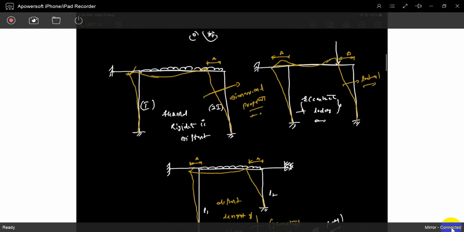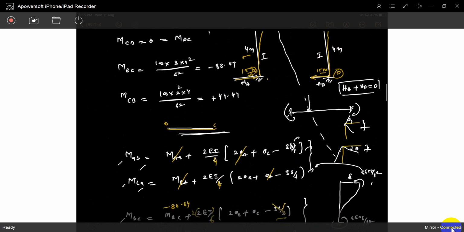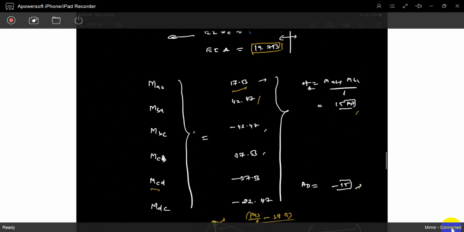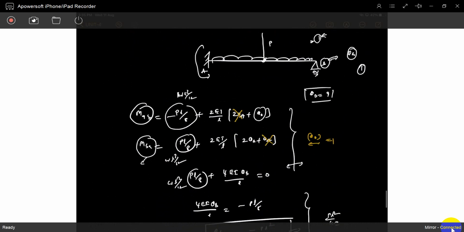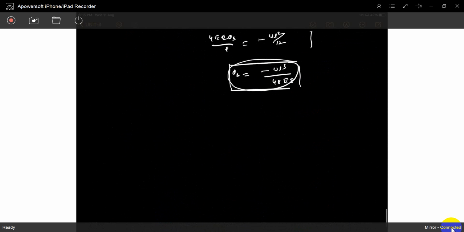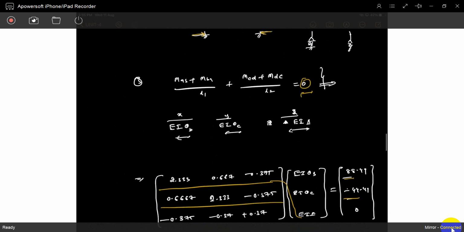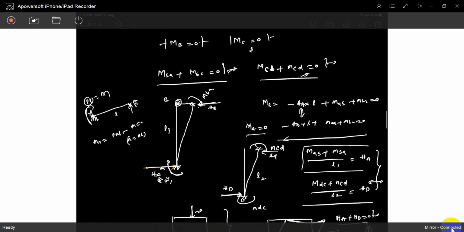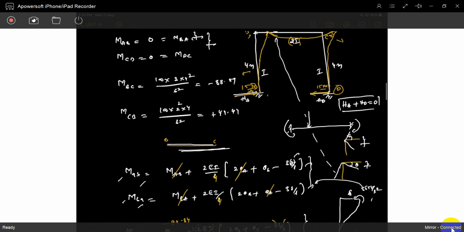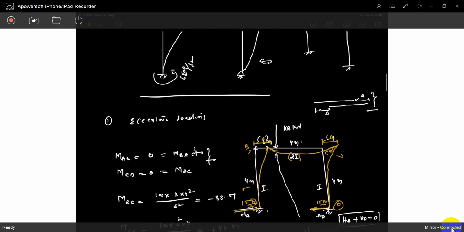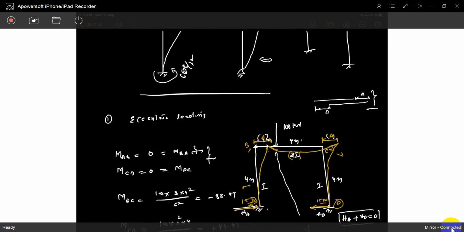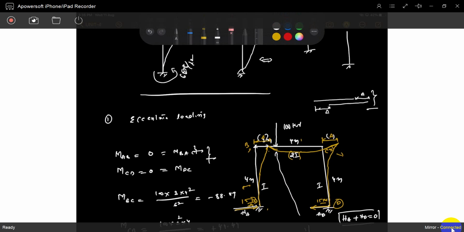Where is the picture? This is a picture. Okay, I will draw.